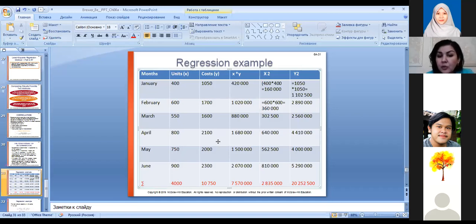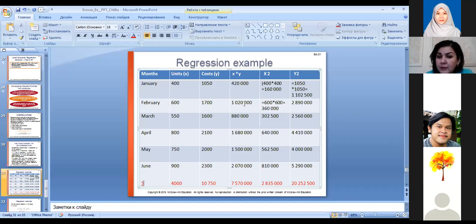How to calculate in this column? So all variables in this column we add up, and the total sum equals 10,750. The same we do with this column.